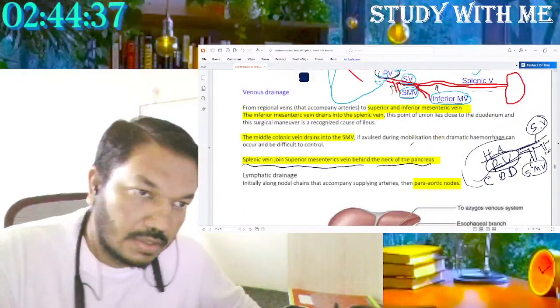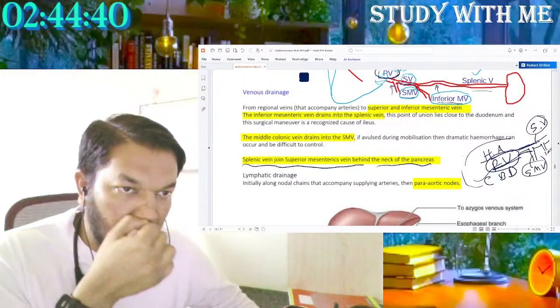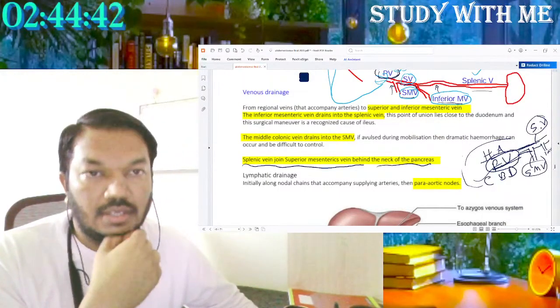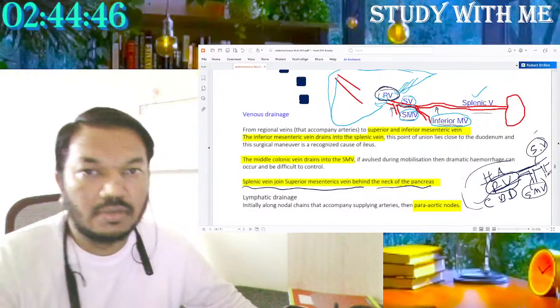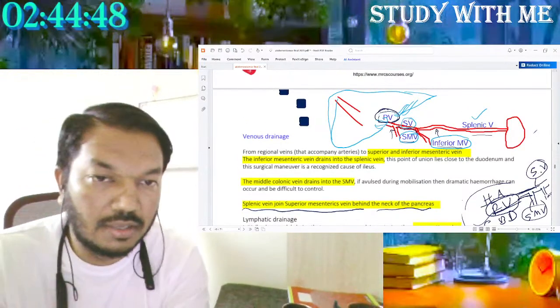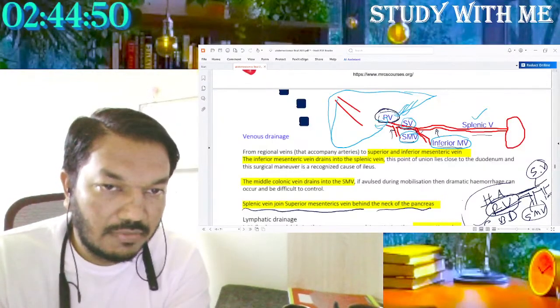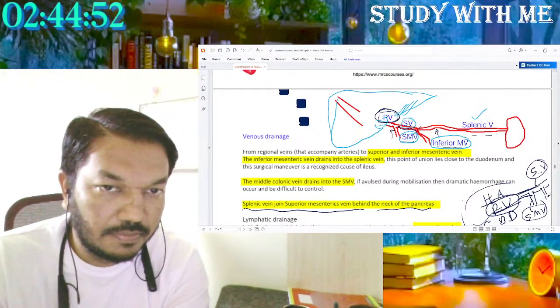In this picture, if you see it, it is the summary. The inferior mesenteric vein joins with the splenic vein.